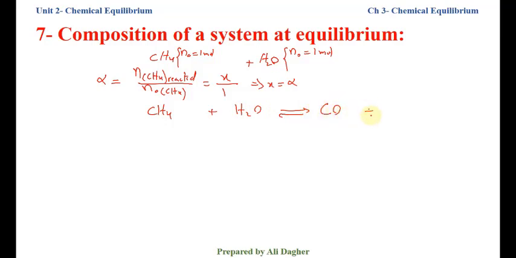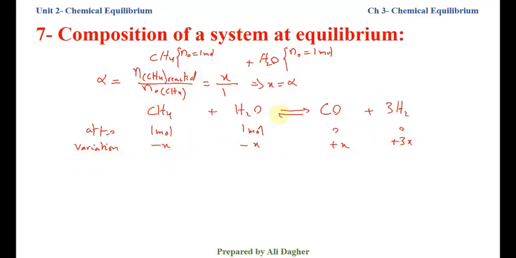The equation: CH4 plus H2O gives CO plus 3H2. At t equals 0: 1 mole of CH4, 1 mole of H2O, 0, 0. Variation in terms of X: minus X, minus X, plus X, plus 3X.